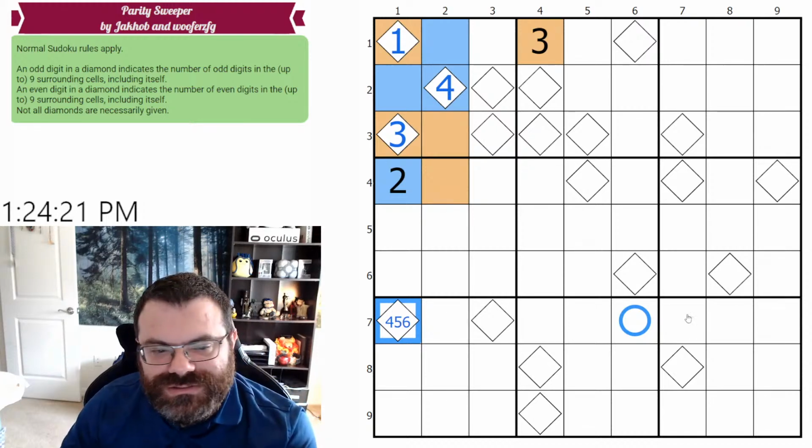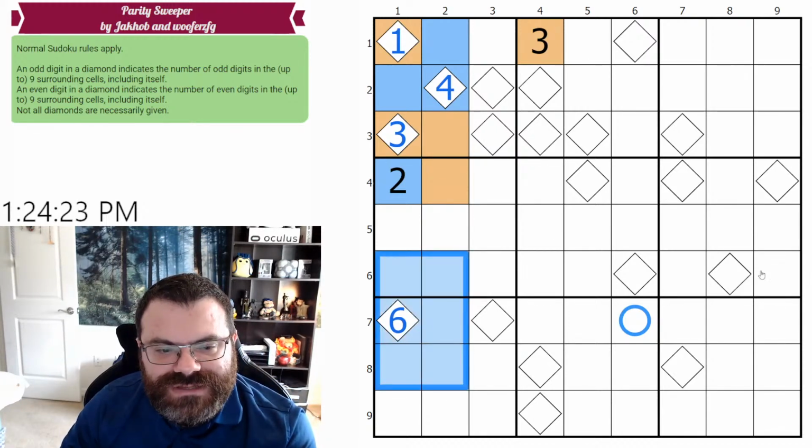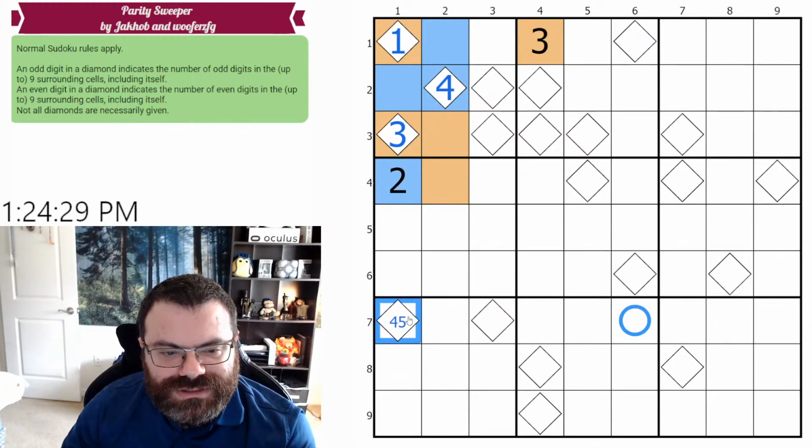A 6 here would be saying that all of these are even, and now we would have 1, 2, 3, 4, 5 evens in the column. That doesn't work. So that's not a 6. A 4 would mean that all of these have to be even, because we can only put 1 more even. Oh no, that's not true, because the 4 itself is even.